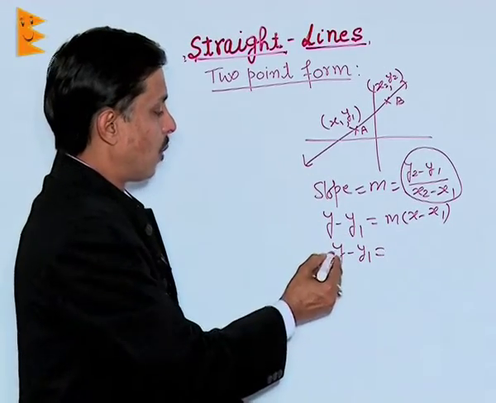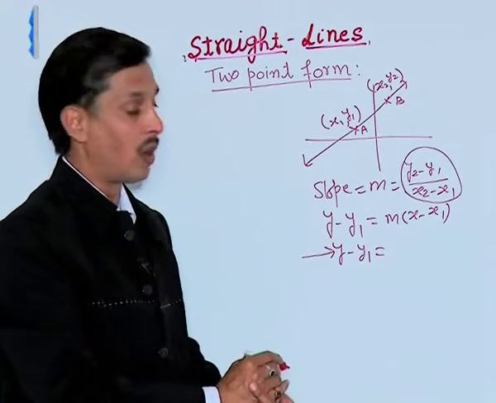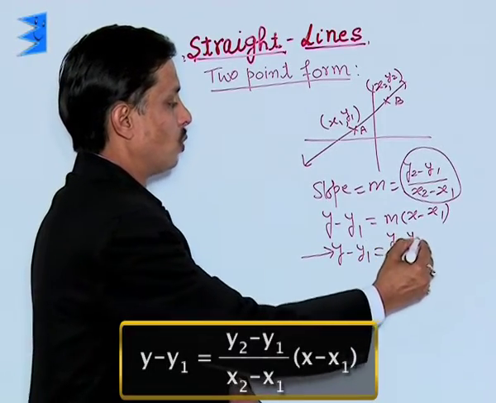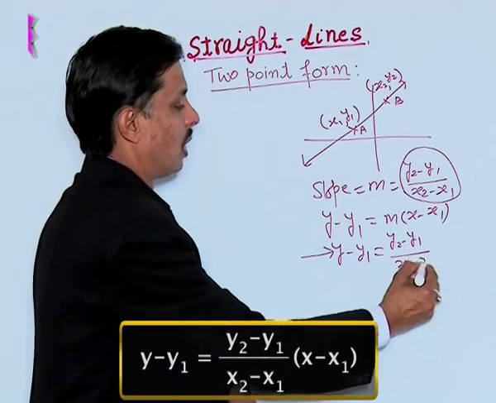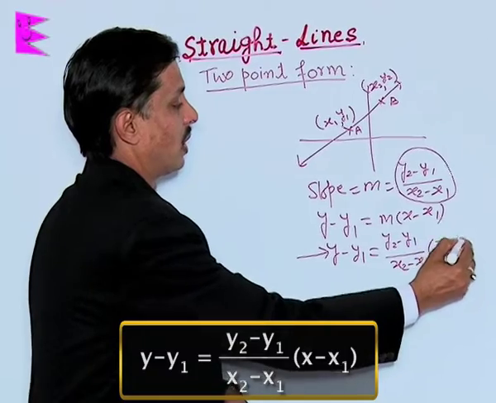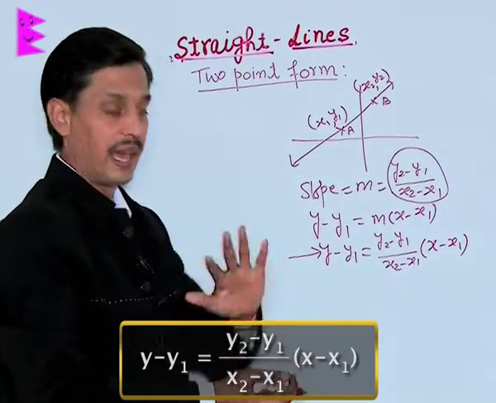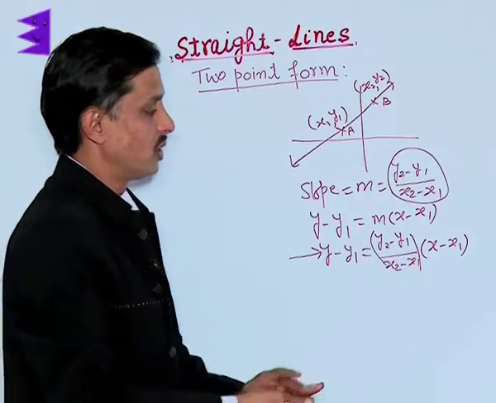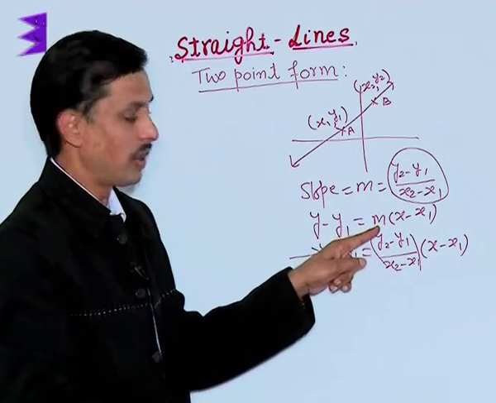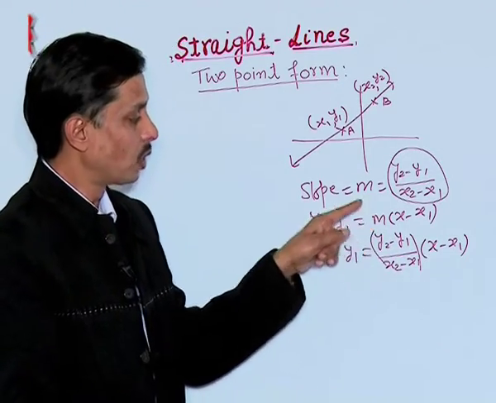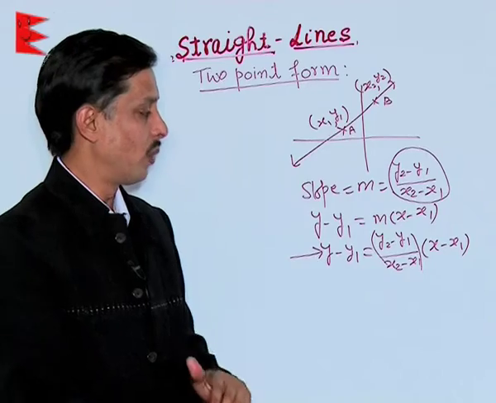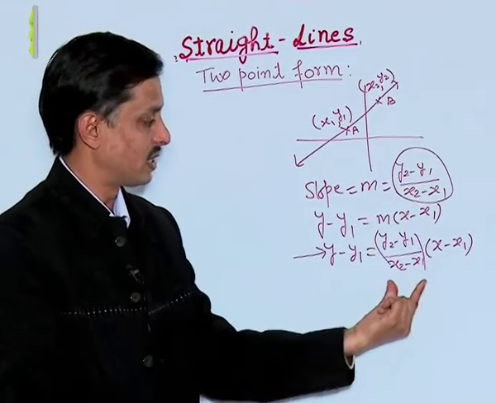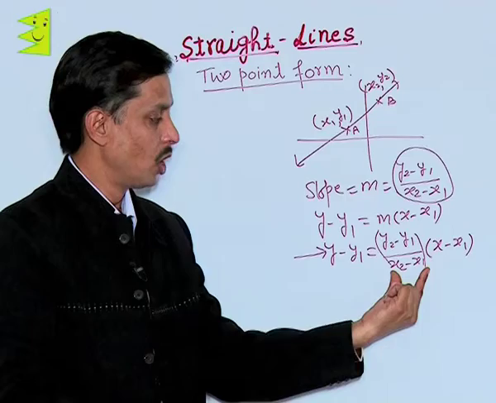So the actual formula of the 2-point form will be y minus y1 is equal to y2 minus y1 upon x2 minus x1 times x minus x1. That is, the only change made is in place of m. In place of m in the 1-point form, the result y2 minus y1 upon x2 minus x1 is placed.